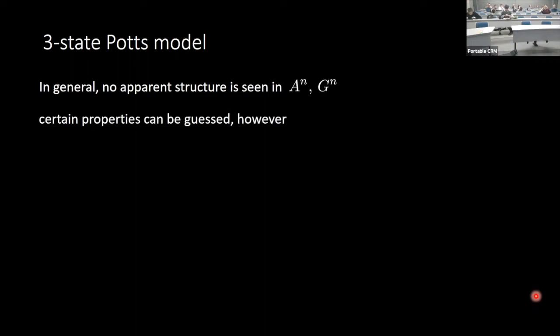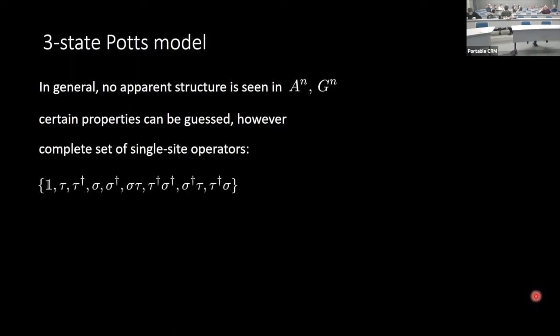Certain properties can be guessed, however, from these computer algebra simulations, and they will be important for calculating the traces which are required for getting the answer for the dynamics. The complete set of single-site operators contains 9 operators for spin 1, and we take it as follows.